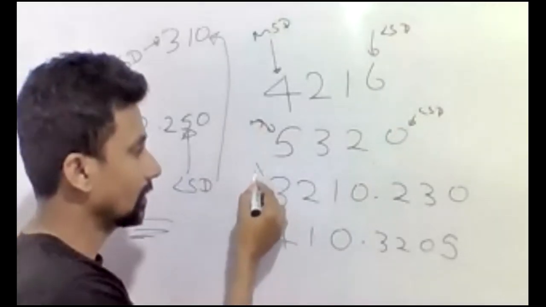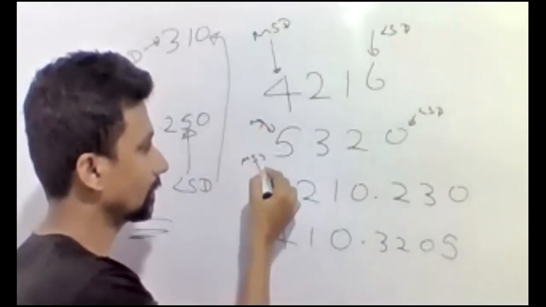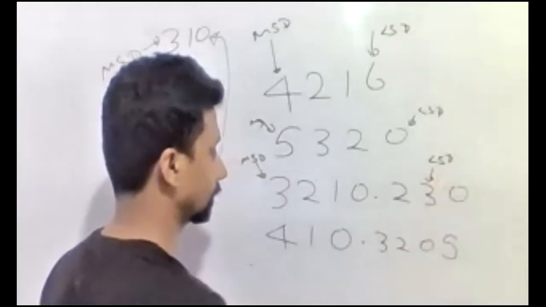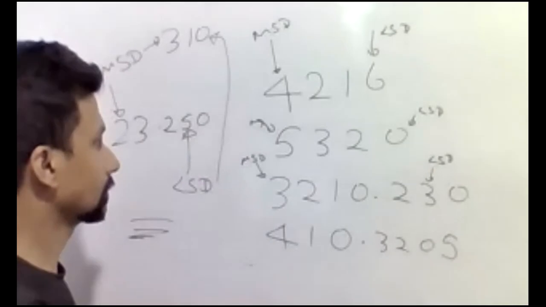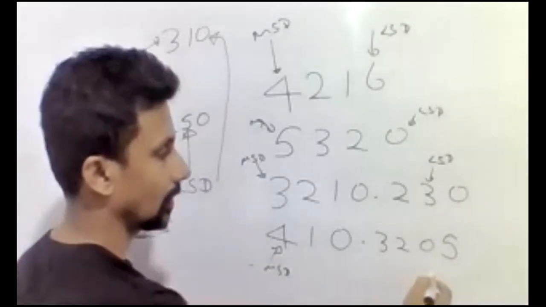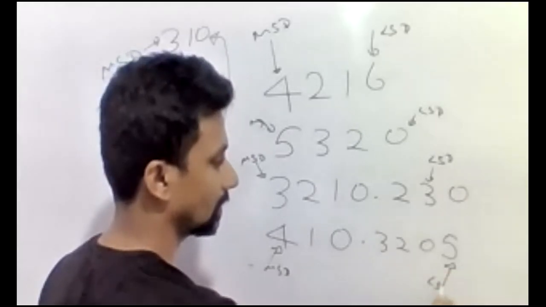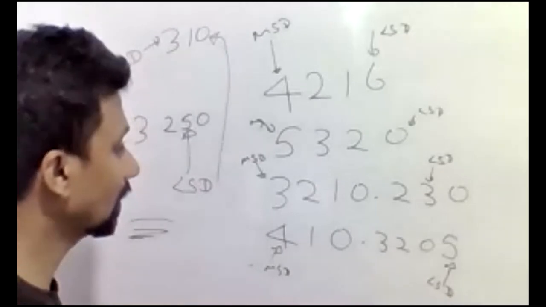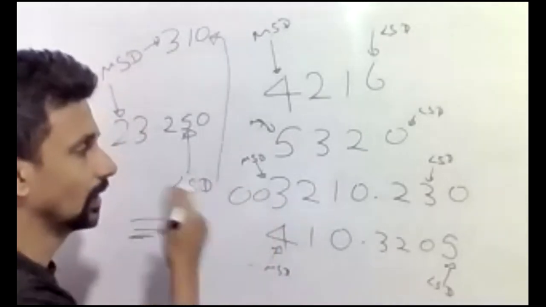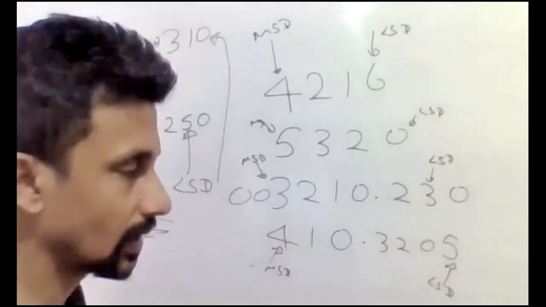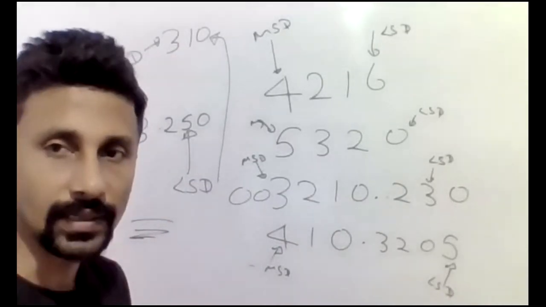If you take this one, 3 is MSD, here 3 is LSD. Here 4 is MSD and 5 is LSD. I think now you can understand that. Even if you get zeros in front, you are taking the non-zero first value, right? So I think you can understand MSD and LSD.